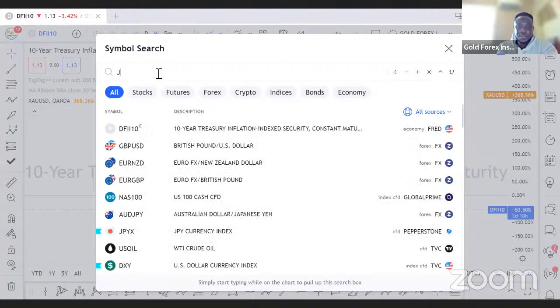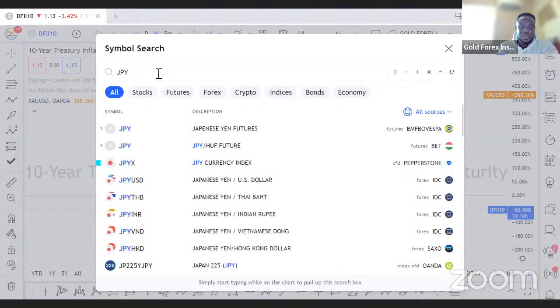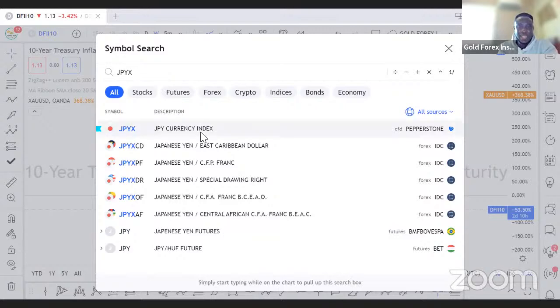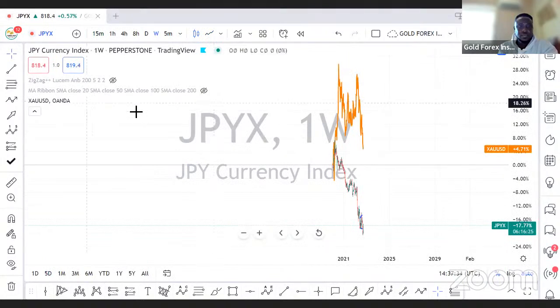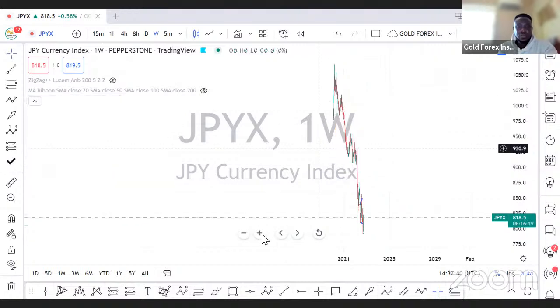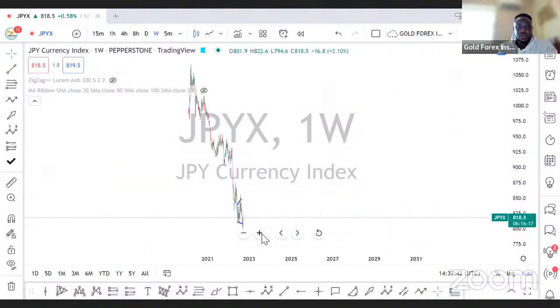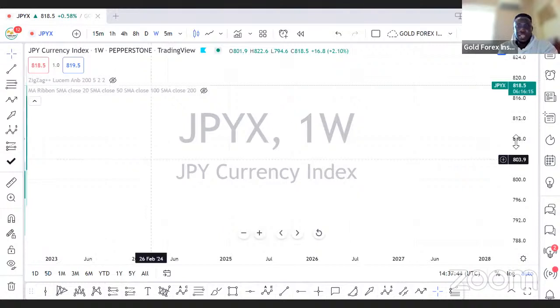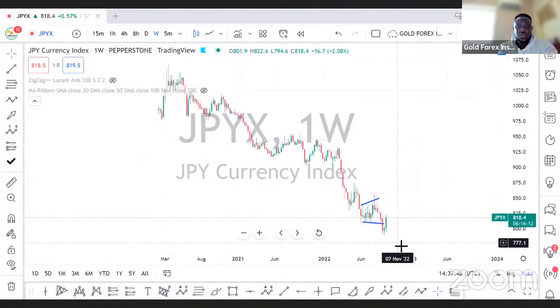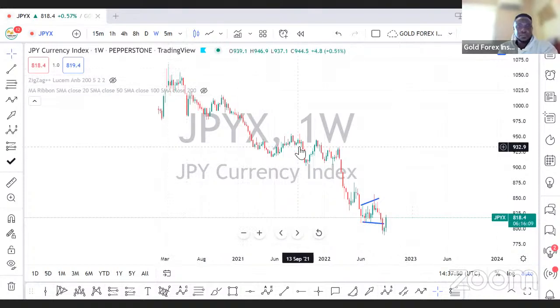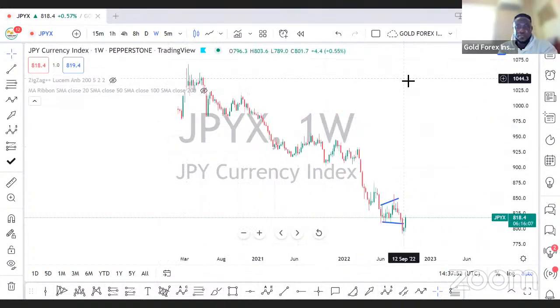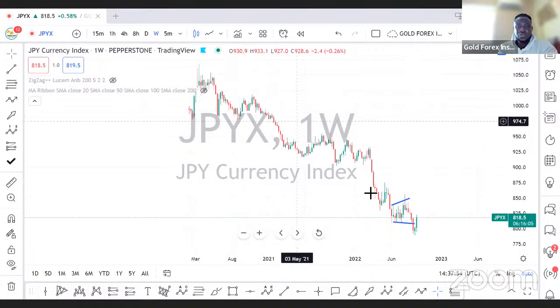Let's look at the JPY index, which is the yen index, the Japanese yen index. So it has started its buy momentum, on the weekly time frame. 1, 2, 3, 4, 5.